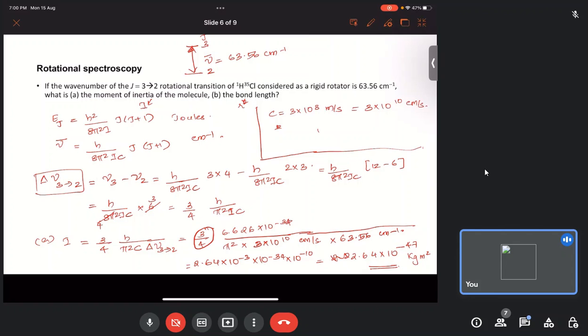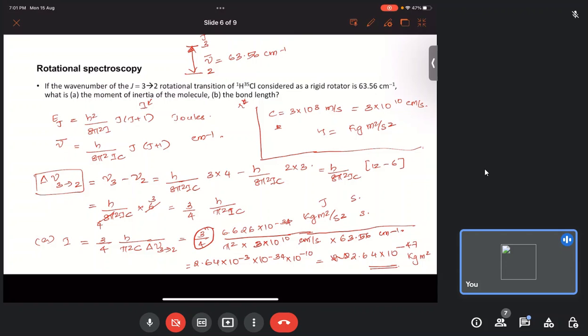So 1 joule is equal to kilogram meter square by second square, right? So this is kilogram meter square by second square, and you have a second here, because it is joule seconds.